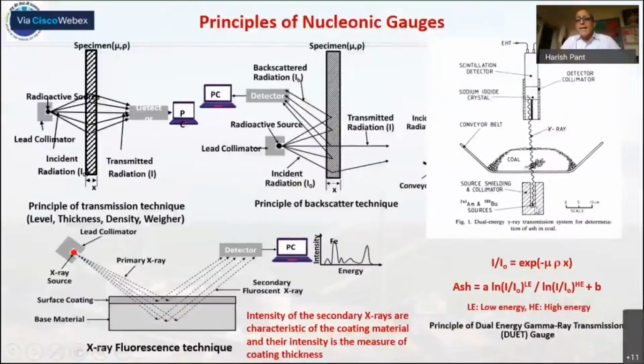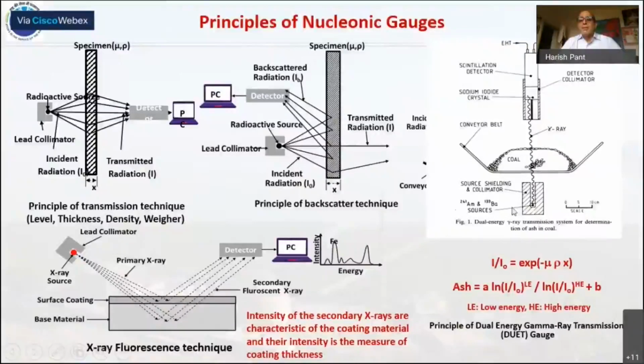You can see that here is a collimator where you have two different kinds of sources mounted inside. One is americium 241, and the other source is barium 133. In some cases, it could be cesium 137.